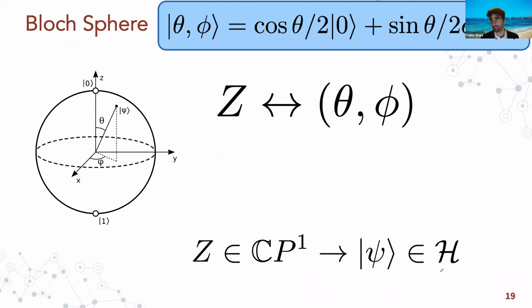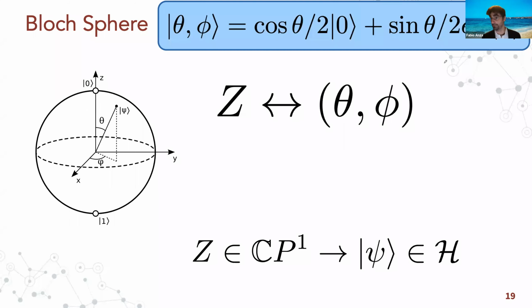The most well-known example of that is the Bloch sphere, which is the quantum state space of a qubit. It's a two-level system, and you choose two angles, theta and phi. So you can easily parameterize Z with two angles: cosine of theta over 2 and sine of theta over 2 times e to the i phi are the elements of Z. But you can change coordinates, and the change of coordinates can be highly nonlinear.